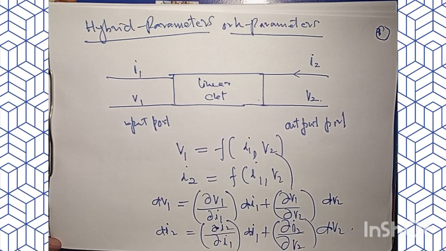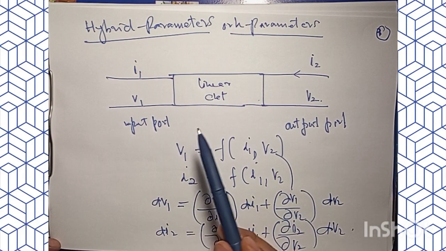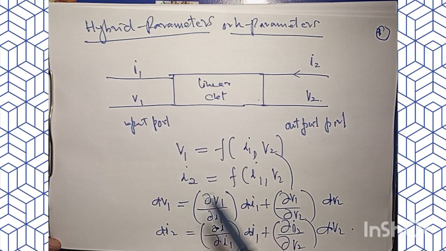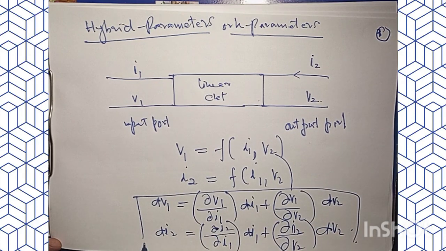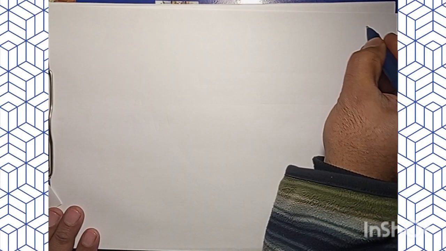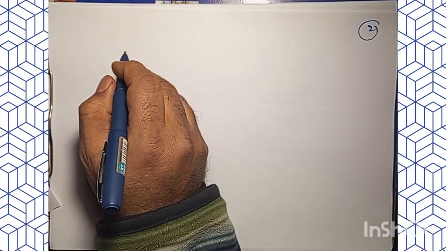Talking about these equations, now we understand that we have an AC equivalent circuit of the transistor to be developed. So we can take these partial derivatives as constants, because we are going to analyze the AC equivalent of this circuit. These two equations can be boiled down to the following.